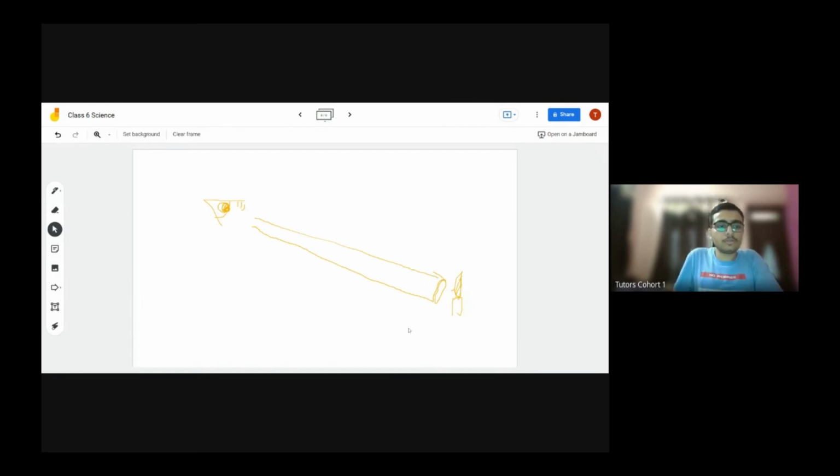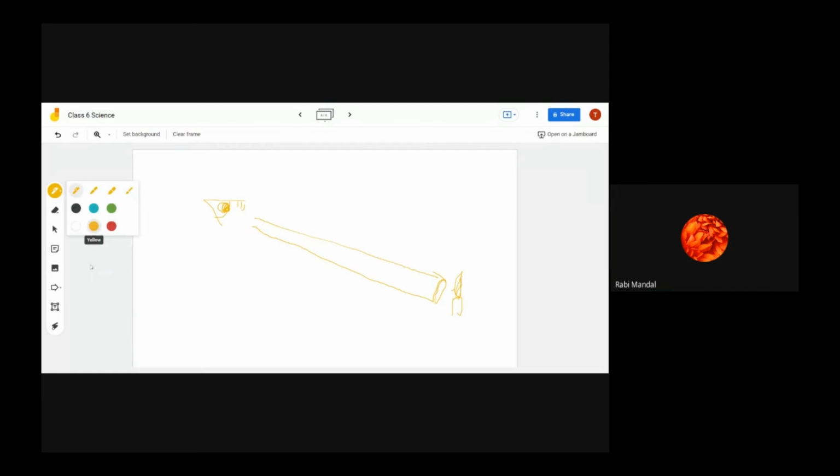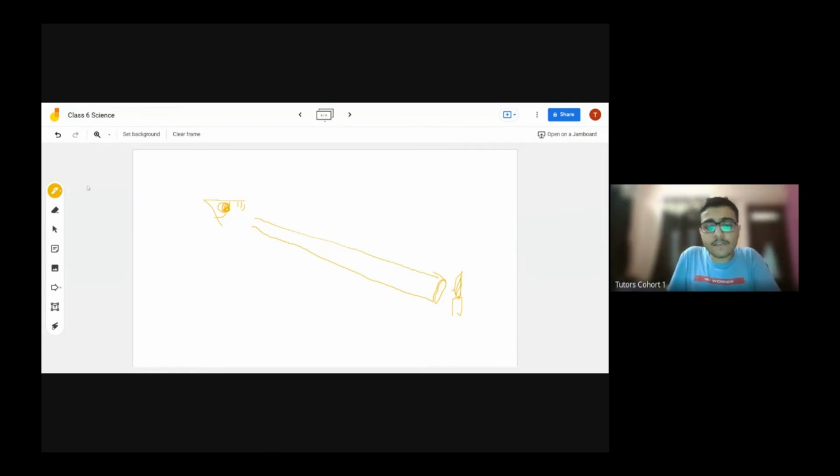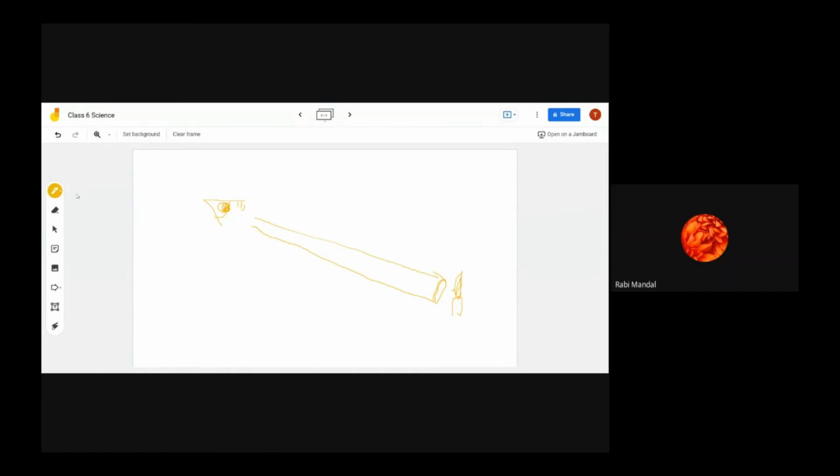Okay, how should I draw a straight line here? Anyways, I'll draw it. Sir, I have an idea. Yeah, go on. Sir, the T option, the second last option, before the ray one.